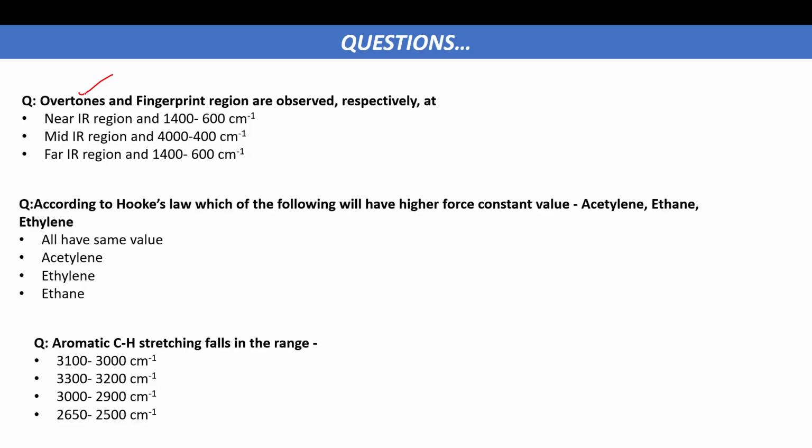Overtones are a result of absorption of light at a higher energy level than that of the fundamental frequency of the molecular vibration. So they are generally seen in the near IR region. That is your 14000 to 4000 centimeter inverse. So that will be the correct one.